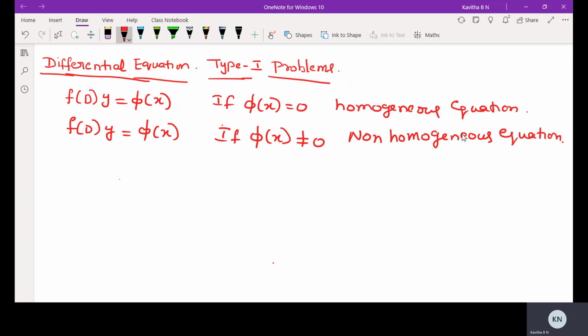Then next, what is type 1? In type 1, phi of x contains exponential terms.